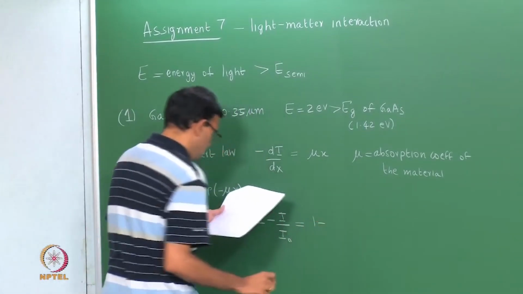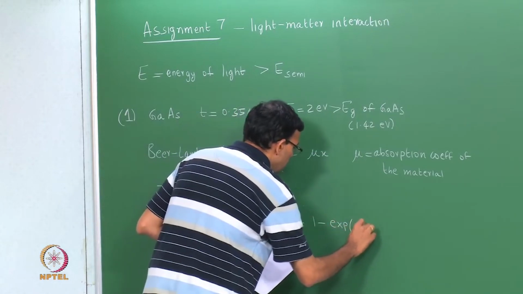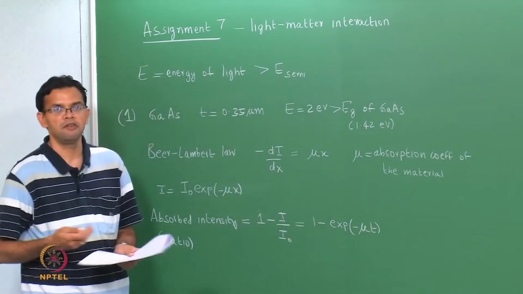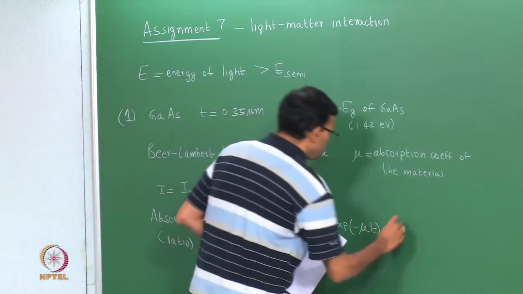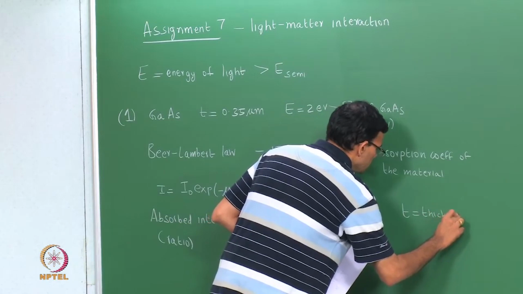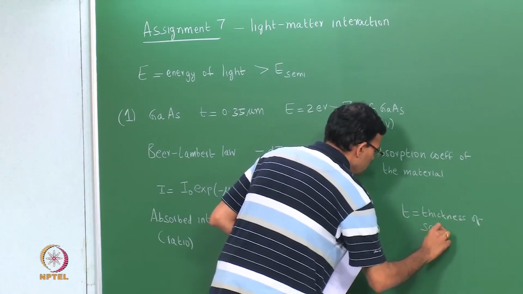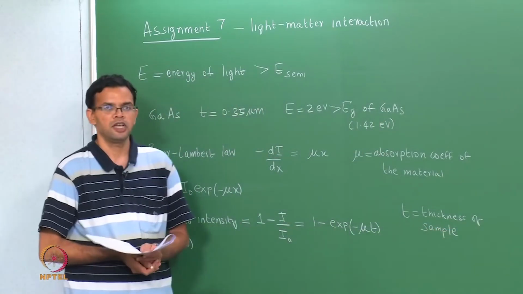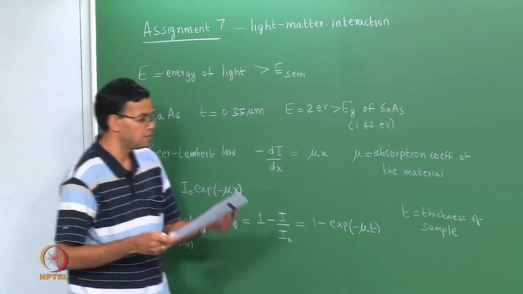So, which is 1 minus exponential minus mu t. In this particular case, we have been given the thickness of the sample. So, t here refers to the thickness. So, we can basically use this expression to calculate the value for gallium arsenide.